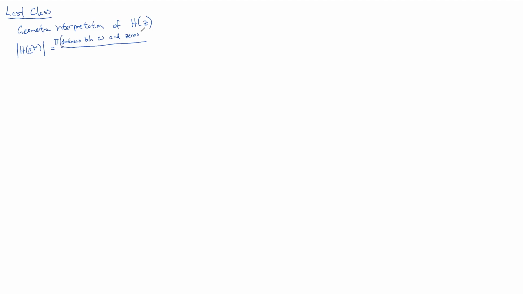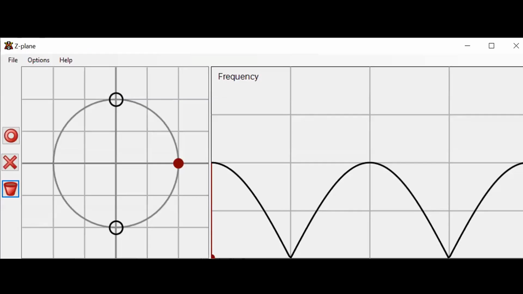That's the Greek symbol capital pi, which means product, over the distances between where omega exists around that unit circle and the poles. So that's what I stated, and let me give you a demonstration that I think will show this a whole lot better.